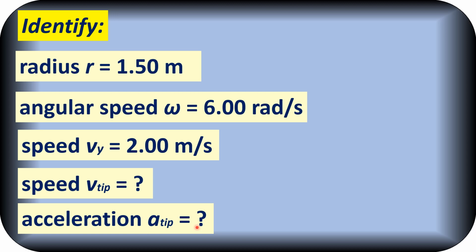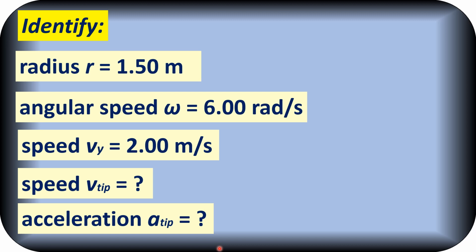So this is the acceleration of the tip of the hammer. And in our earlier diagram, we also identified this as the radial component of the acceleration. So this is also more commonly known as the centripetal acceleration, meaning its direction is towards the center of the circular path or the axis of rotation.